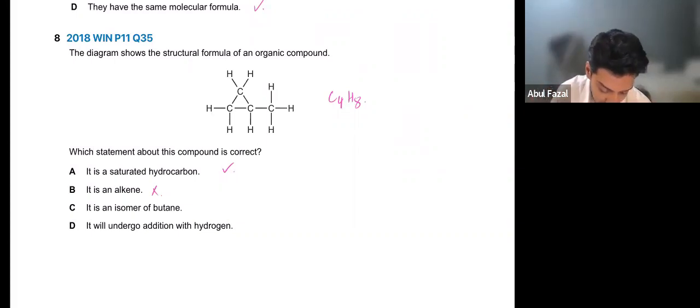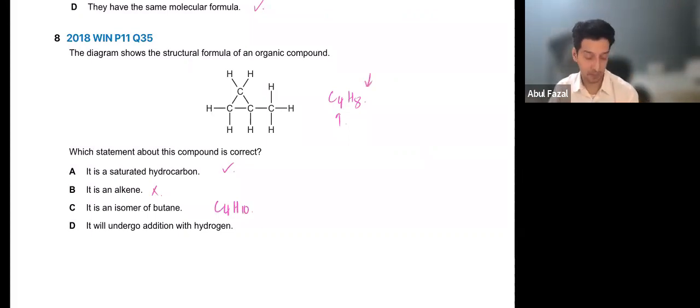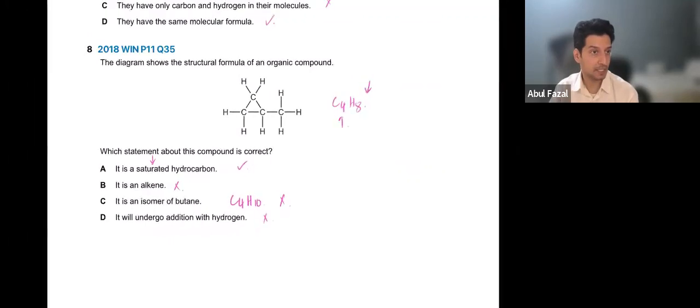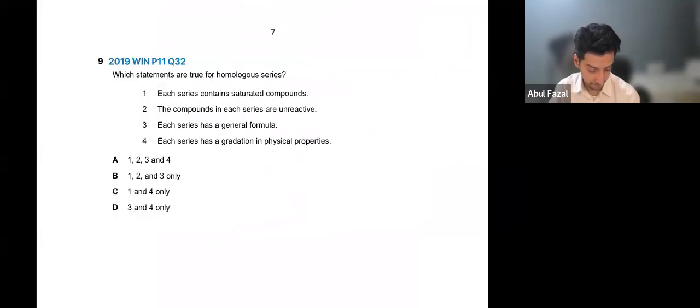Well, you'd be like, oh, 4 carbon hai to hona chahiye, but butane has a formula of C4H10. This has 8 hydrogens. So this is wrong because it's not even close to it. Molecular formula same nahi hona chahiye isomers ke liye. It will undergo addition with hydrogen. Well, it can't because it is saturated. Must be A. Yes, it is A.